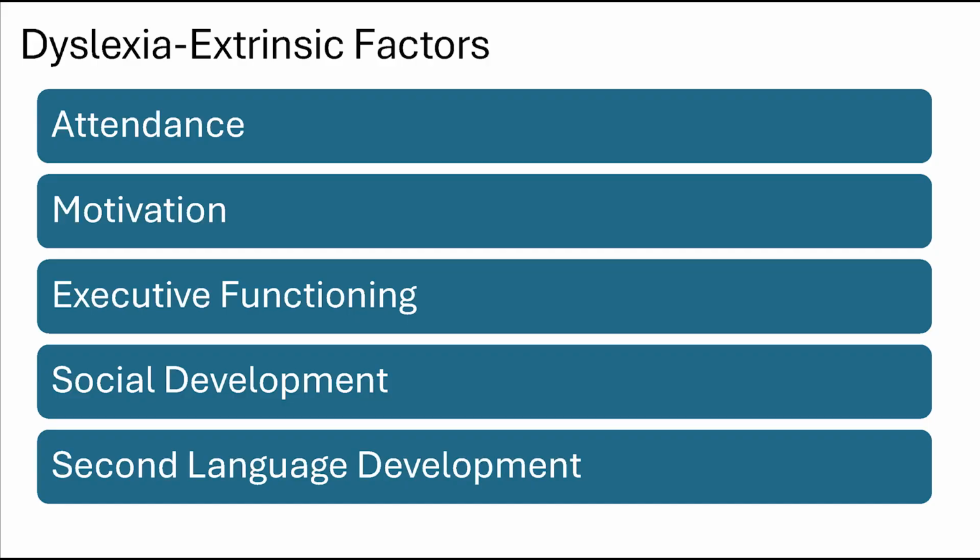And then in terms of dyslexia or the screener, you have to determine whether the other extrinsic factors are a factor or not. If the student hasn't been attending school, what's the primary factor for why the student may be struggling in their reading as a whole? Is it the motivation, they just don't care?